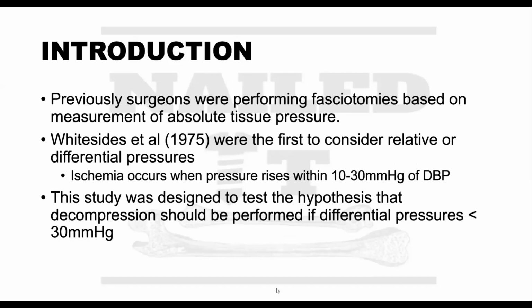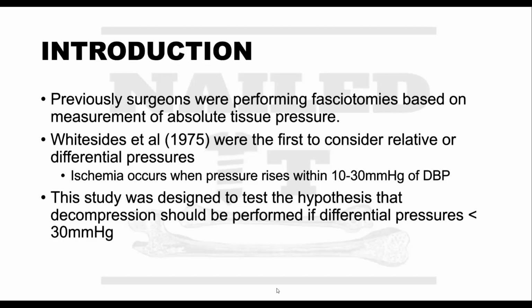If they're using 30, for example, anybody with an absolute pressure above 30 would get a fasciotomy. But they realized that some of these individuals could have recovered without getting a fasciotomy, and that there is no single correct threshold pressure for all individuals.